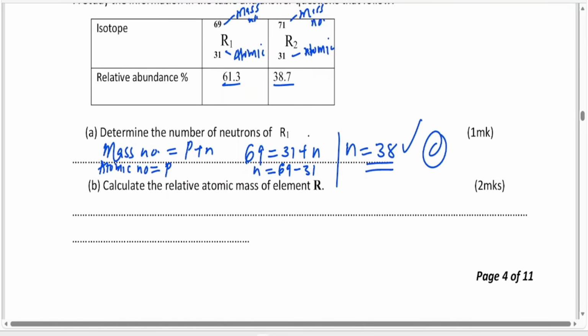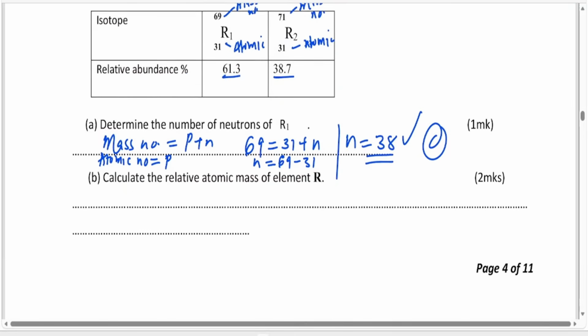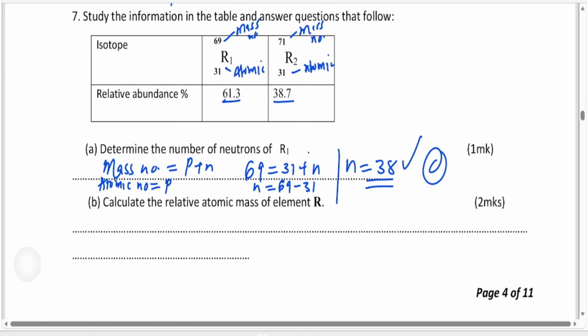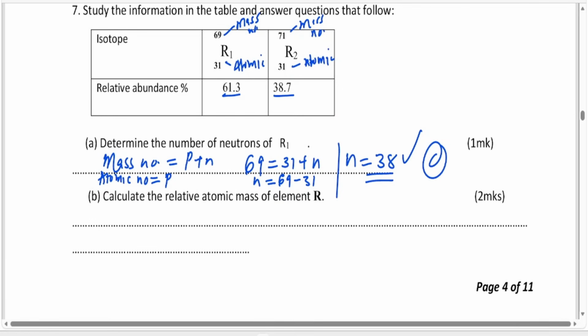Part B of this question, calculate the relative atomic mass of element R. How do we determine a relative atomic mass given the percentage abundances? We know that relative atomic mass is given by the mass of an isotope multiplied by the percentage abundance, then we divide by 100, in this case because we're given percentages.